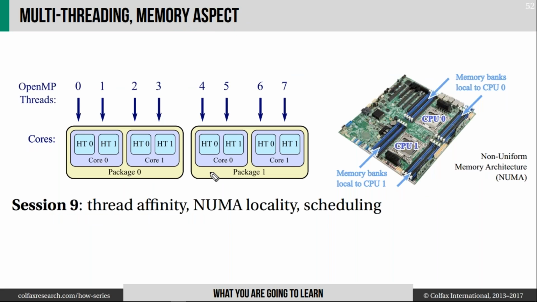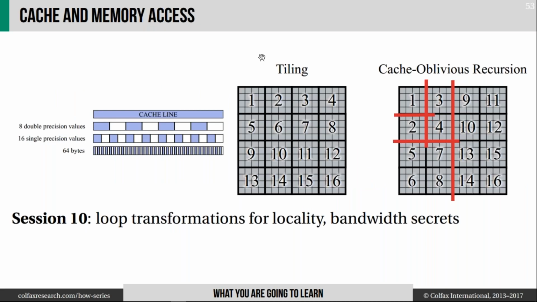In session 9, we will discuss parallelism in memory. And we are going to talk about multi-threading again, this time from the memory aspect. So this is an overlap between threading optimization and memory optimization. And finally, in session 10, we are going to focus on optimizing for caches and high bandwidth memory.